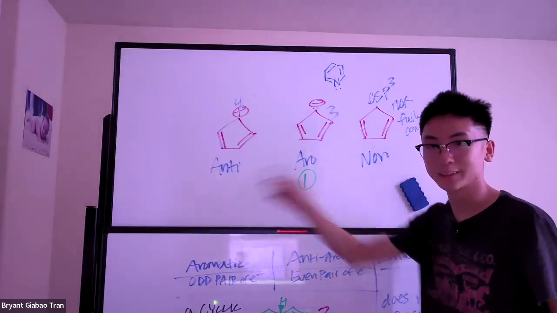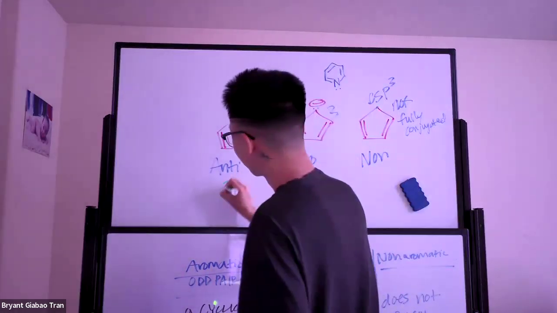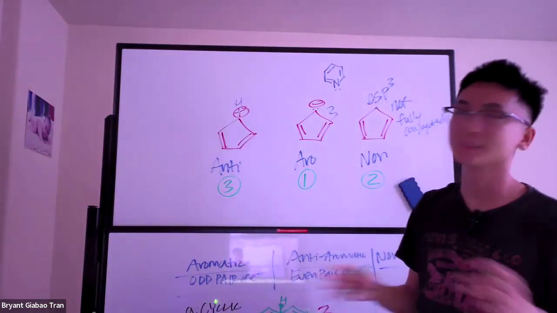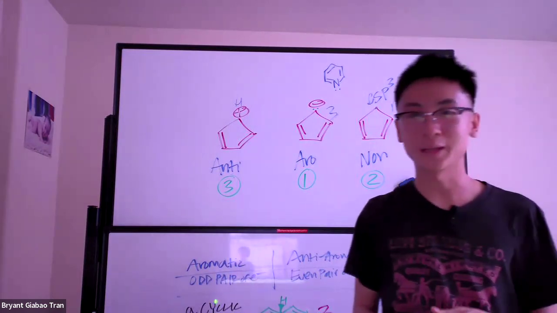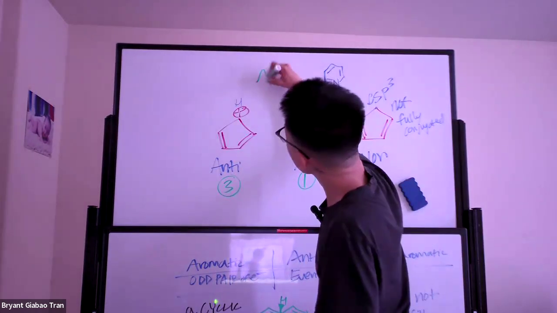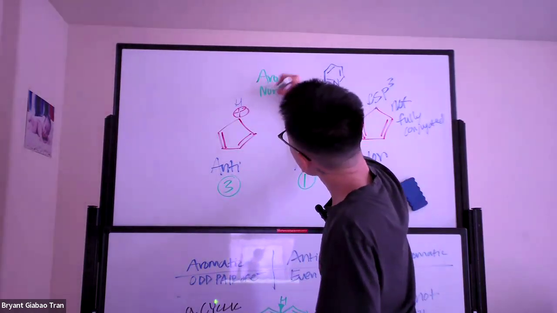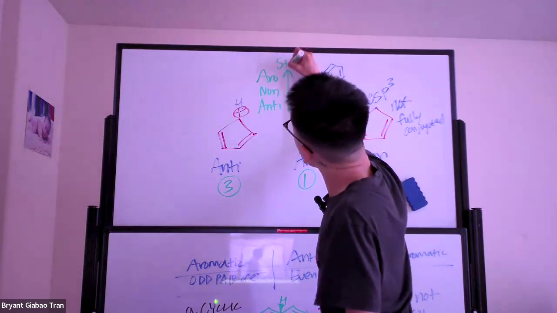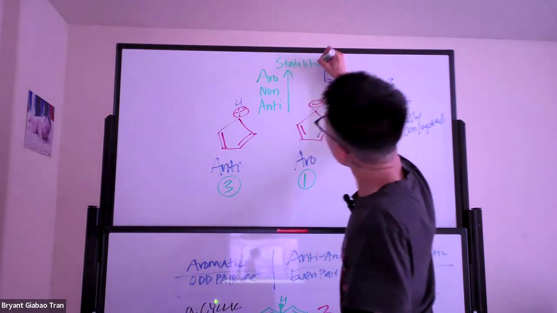Non is actually more stable than anti. Anti is the least stable here, because of something with anti-orbitals not aligning, like in molecular orbital theory. But aromatic is the most stable, then non-aromatic, then anti is the least stable.